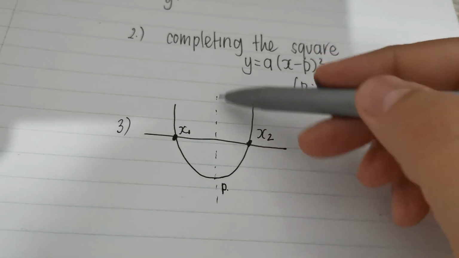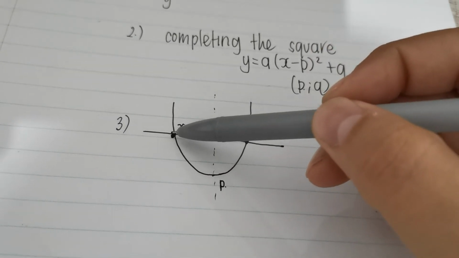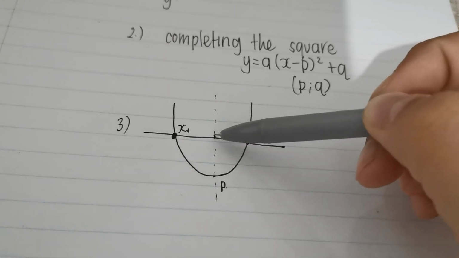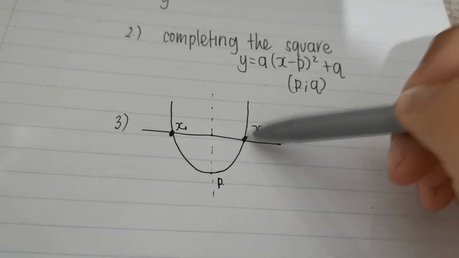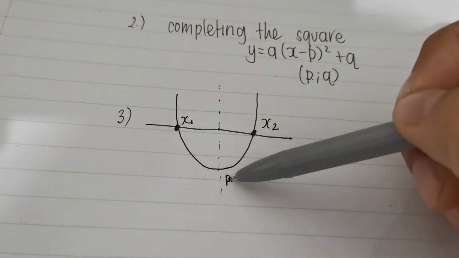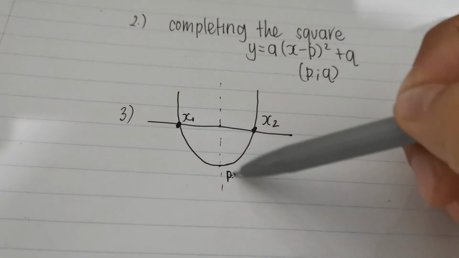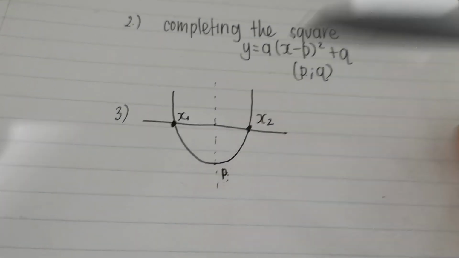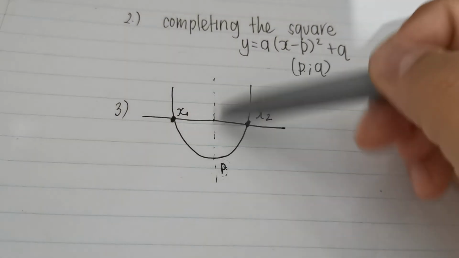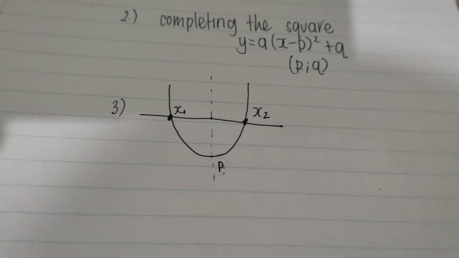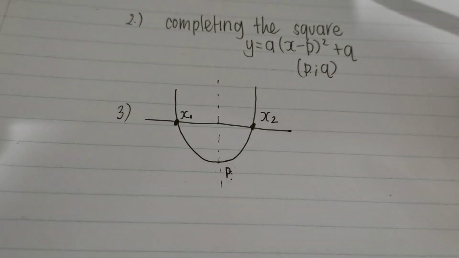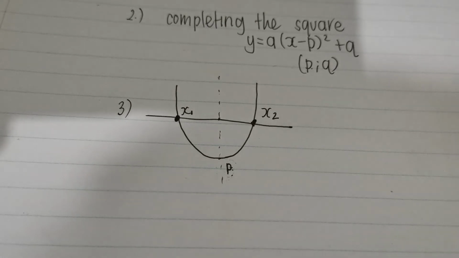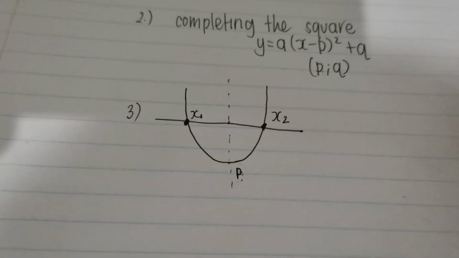If it's the axis of symmetry, the distance from this x-intercept till the axis of symmetry is exactly the distance from the axis of symmetry to this turning point. So one other way of calculating what this p value, or this x coordinate of the turning point, is: you work out the distance from this point to this point and divide it by 2. You'd be able to find what the x coordinate of the turning point is. You then sub it back into the equation of the parabola, and you'd find your y value. So that's the third way of doing it.